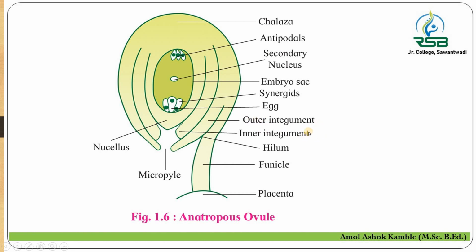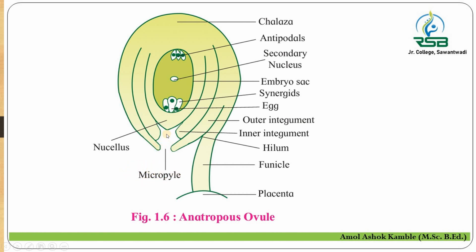So these are the integuments, which further give rise to the seed coats, namely testa and tegmen. Then come towards the most important part in the body, that is the micropyle.